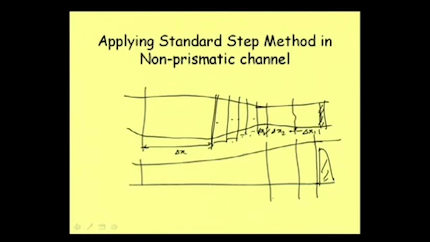Well, this direct step method and standard step method were developed long back, and people are using them, and of course nowadays with the development of high speed digital computers we go for numerical methods.